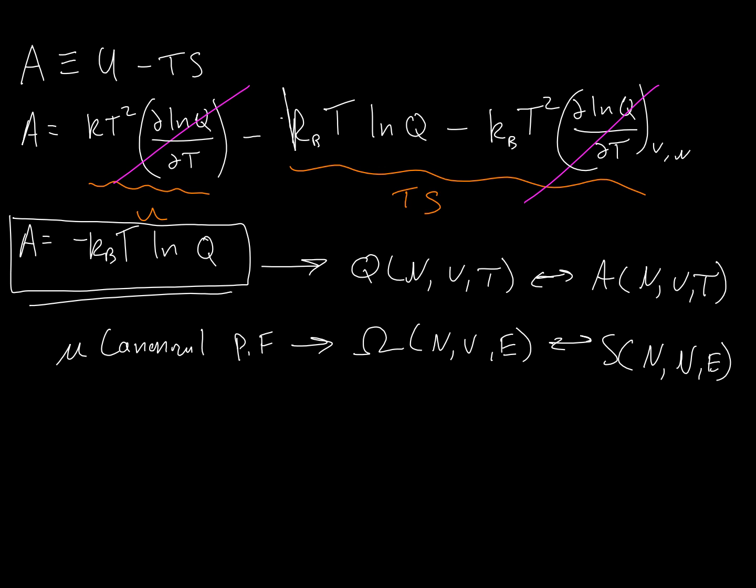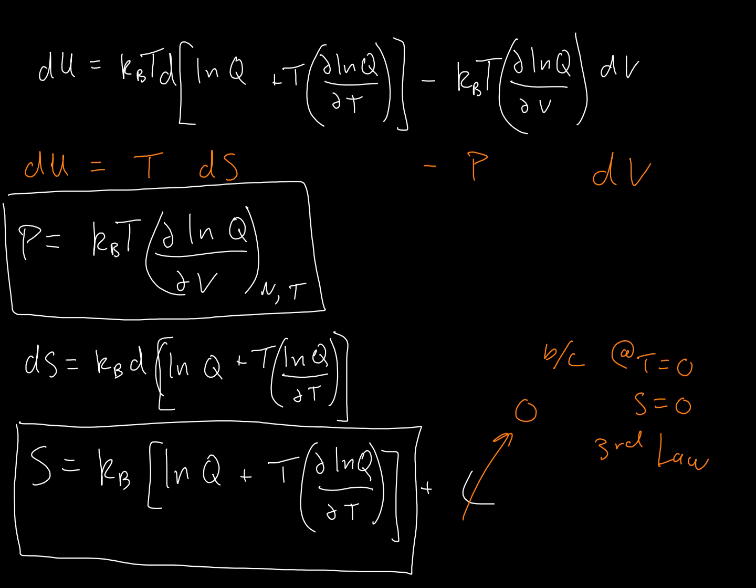And with this relationship from Helmholtz, we can actually draw connections back to what we already derived. We have thermodynamic identities where dA, the change in Helmholtz with respect to volume, is equal to minus pressure. If we take a look at this form here, minus kB T ln of Q, and go back to our pressure term, it is simply taking the partial derivative of that with respect to volume.